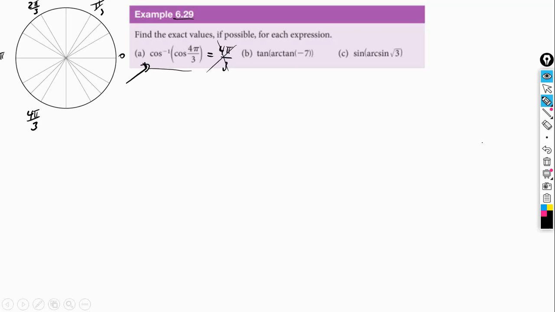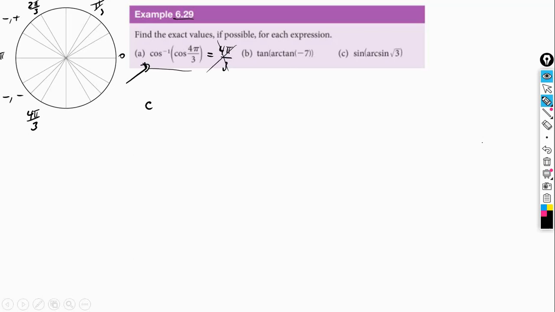Now, we know that cosine is negative in the second quadrant, right? Remember that here cosine is negative and sine is positive. And then also in the third quadrant, we have that cosine is negative and sine is negative. So that means that the mirror cosine for 4 pi thirds would be 2 pi thirds.